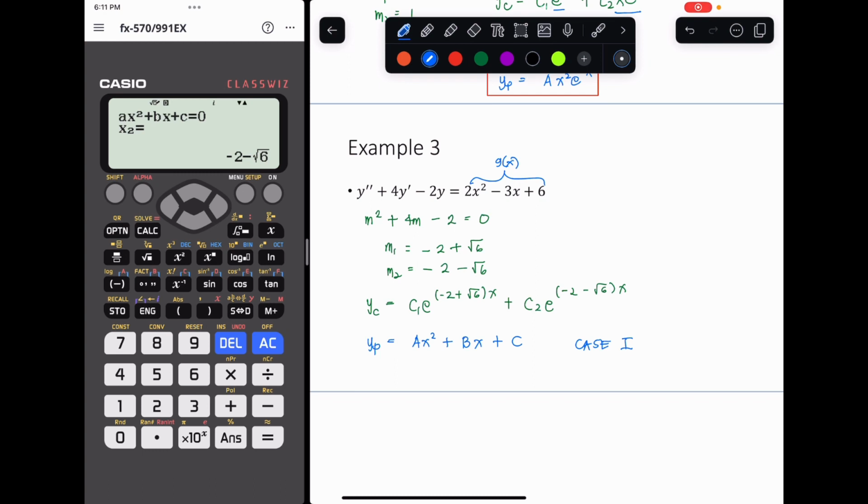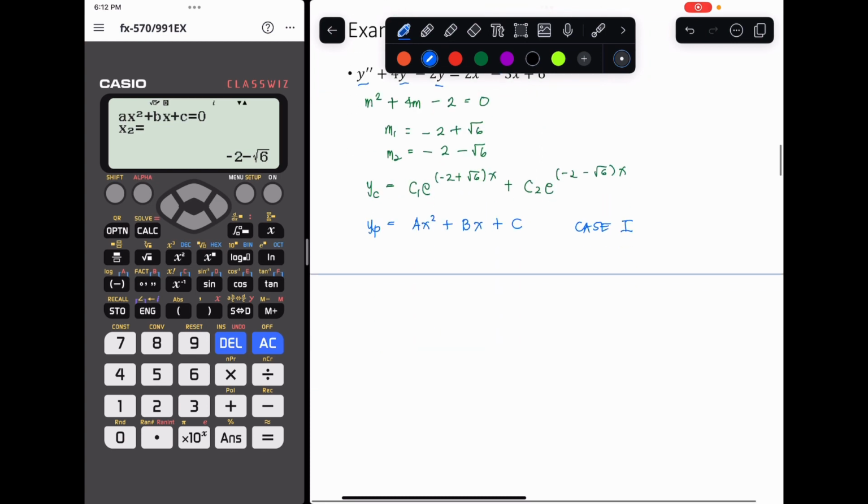I'm going to use the original equation and substitute yp for y. Then I need to find the first derivative to get y prime, and then the second derivative to get y double prime, and substitute them into the original equation. From there, I'll be able to determine the values of a, b, and c.